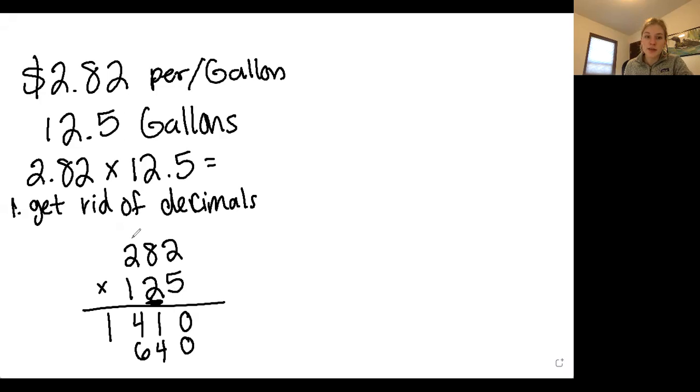Put down my 6, carry my 1. 2 times 2 is 4, plus 1 more is 5, and I'm done. Okay, I'm kind of running out of room. So I'm going to try to sneak it in here.